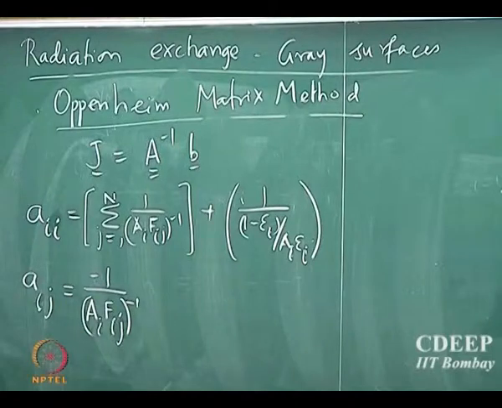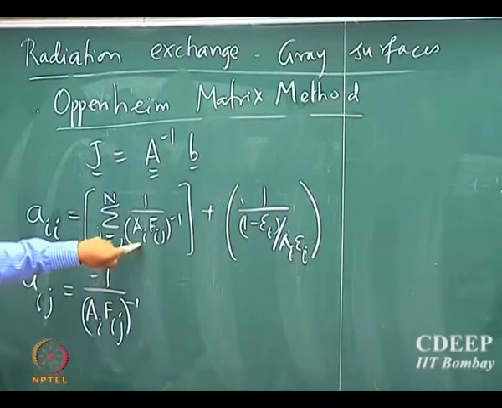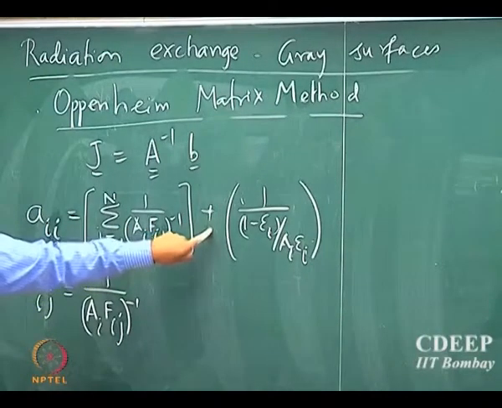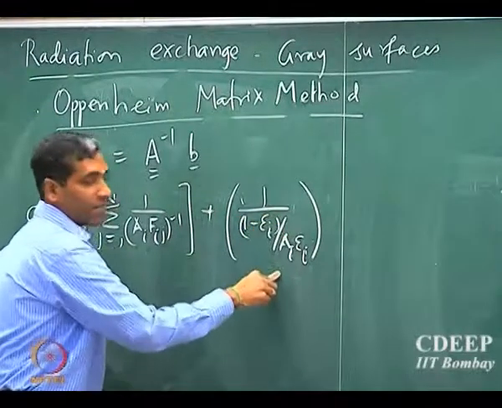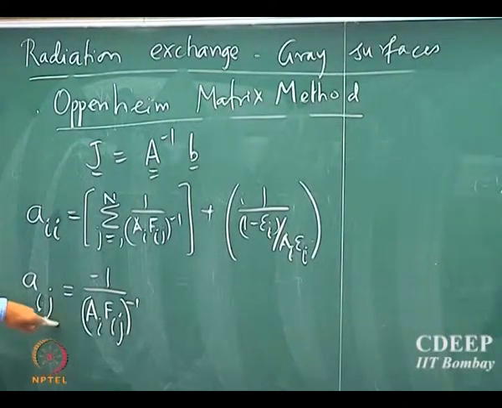So that is it. So it is so easy to find out what this matrix is. Aii is sum over j equal to 1 to n, 1 by Ai Fij inverse, plus 1 by 1 minus epsilon i divided by Ai epsilon i, and the off diagonal terms are Aij is minus 1 by Ai Fij inverse.